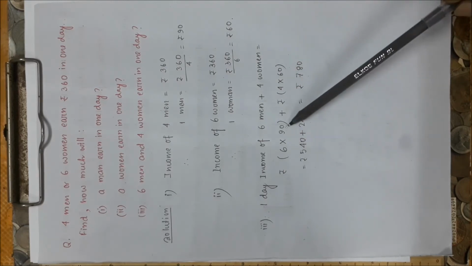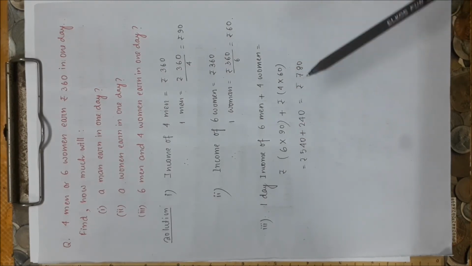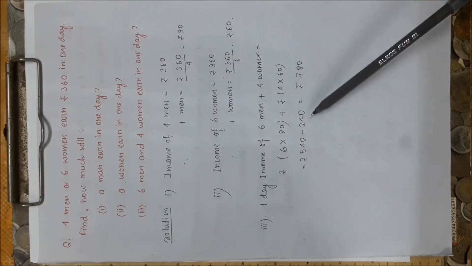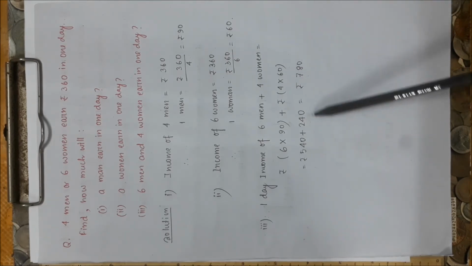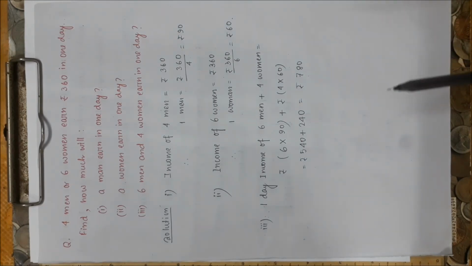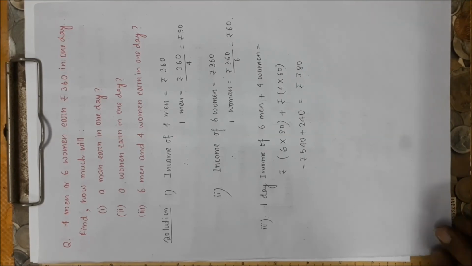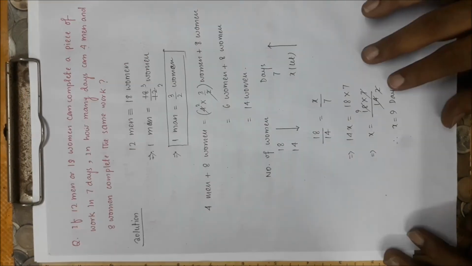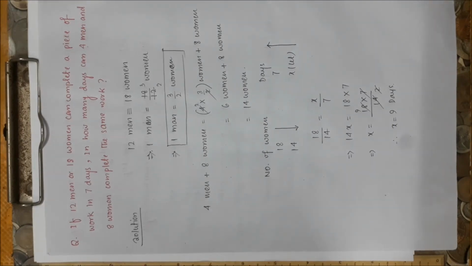So 6 into 90 equals 540. 4 into 60 equals 240. Therefore, if you add these two, you will get 780. That means 1 day income of 6 men plus 4 women equals 780. Now let us take our next problem.